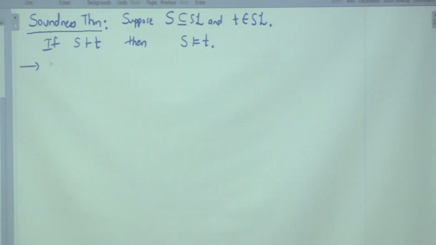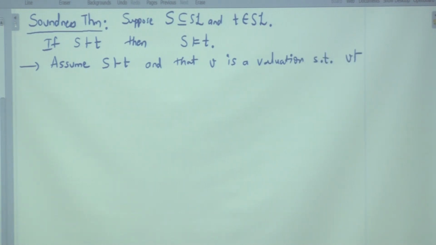So assume that there is a proof of T from S and that V is a valuation such that it is a model of S. So V witnesses that capital S is satisfiable, which means V of capital S is true.